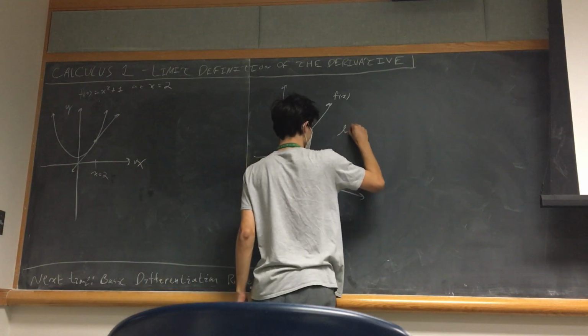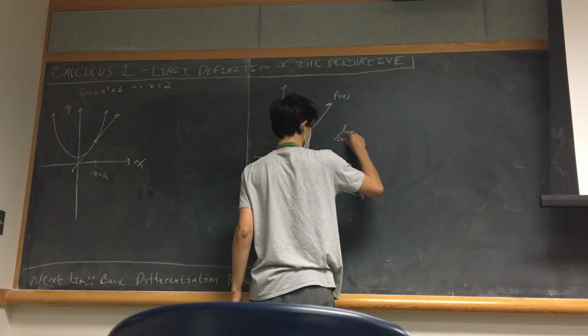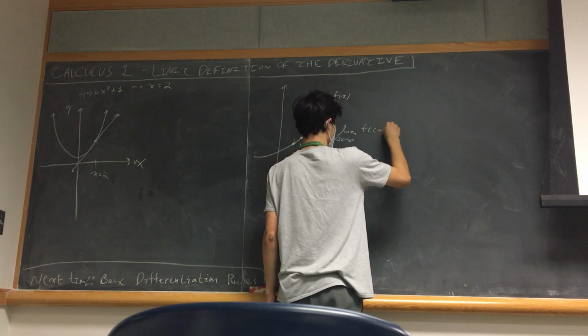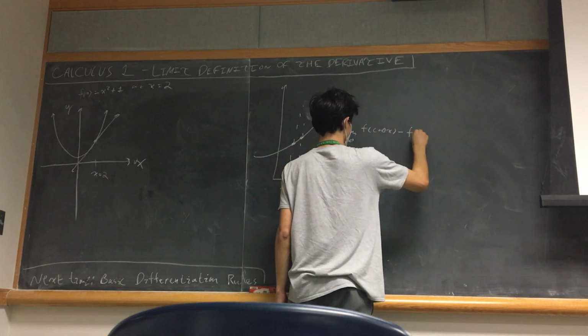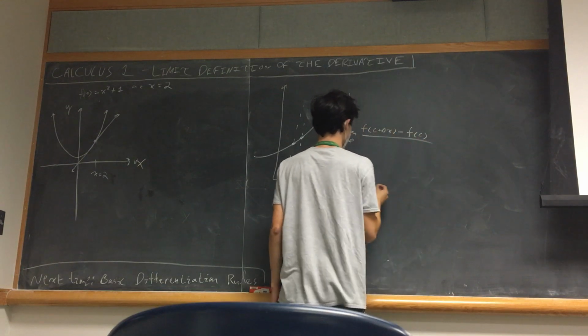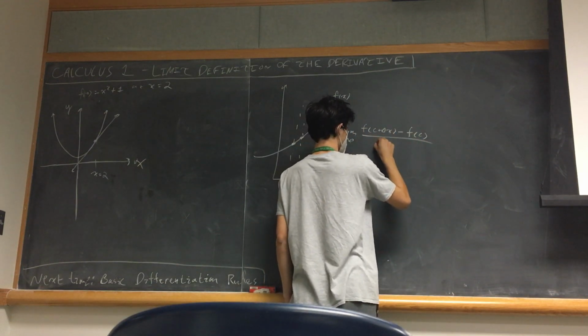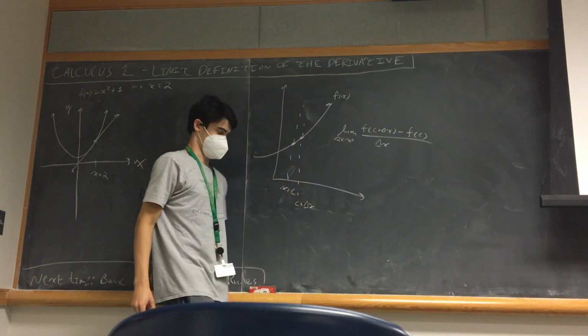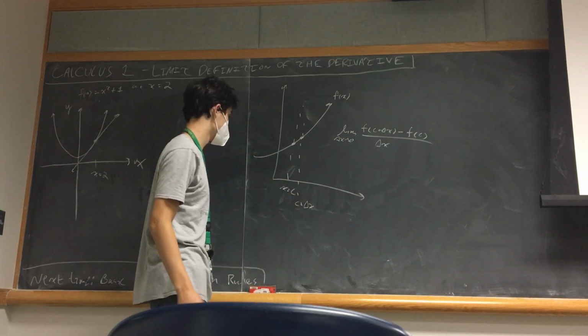So we have that the limit as delta x approaches 0 of f of c plus delta x minus f of c over delta x is the derivative of f of x at x equals c.